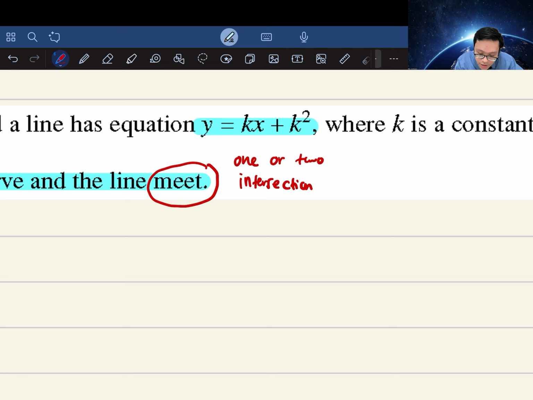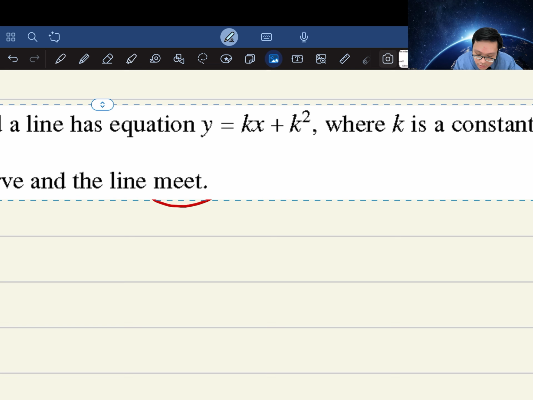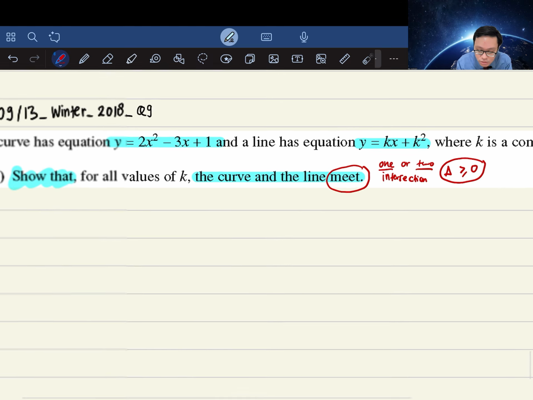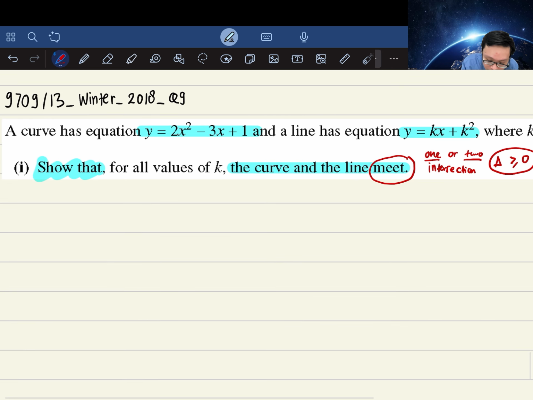If they have two intersections, the discriminant has to be greater than 0. But it can be 1 intersection as well, which is equal to 0. So we combine them: discriminant greater than or equal to 0, which means they have either 1 or 2 intersections. So let's combine them.